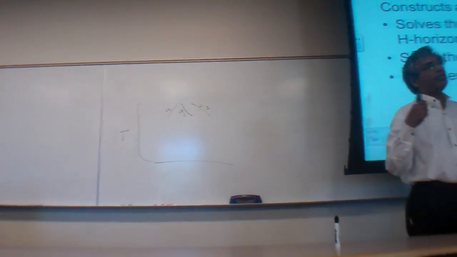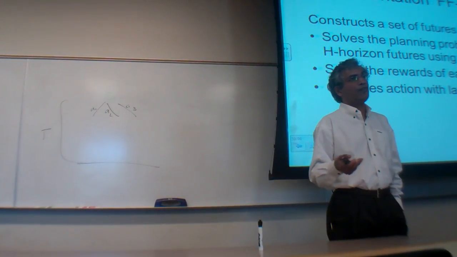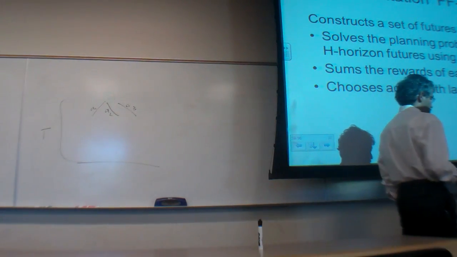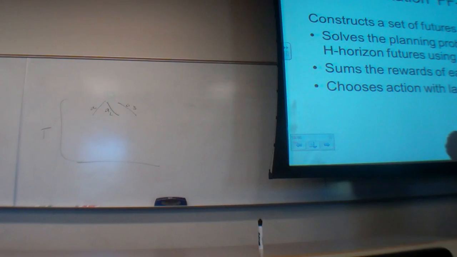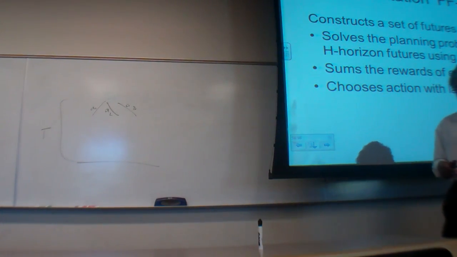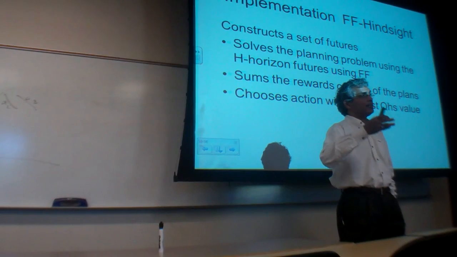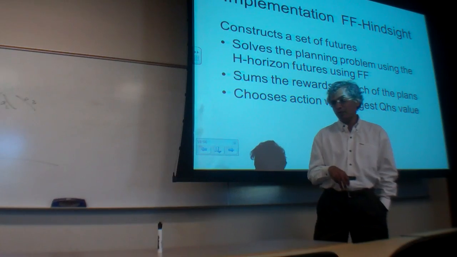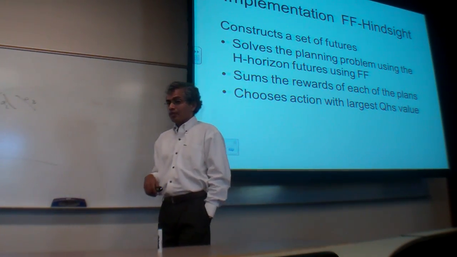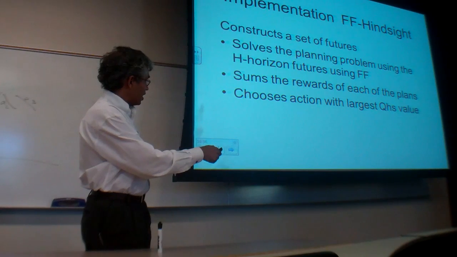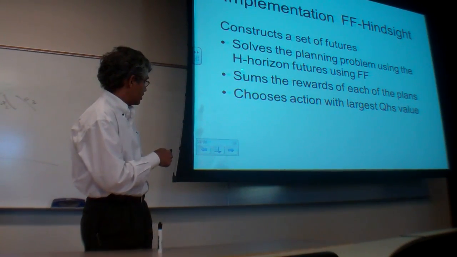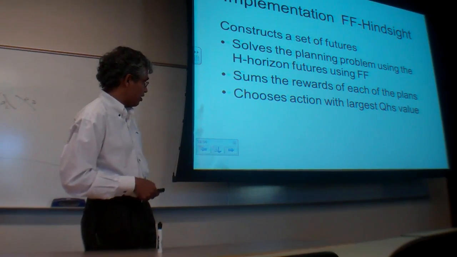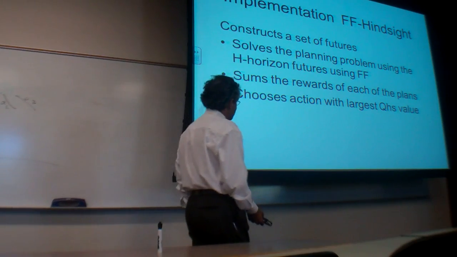And to do that, they use FF, Fast Forward, which is a deterministic planner, which we didn't discuss separately here, but those of you with background in 471 last year know that basically it's just progression-based planning. It does progression and it uses a relaxed plan heuristic to improve performance. So basically it solves the planning problem using the T horizon futures, where each of those futures themselves are sent to FF, and then FF finds the plan.